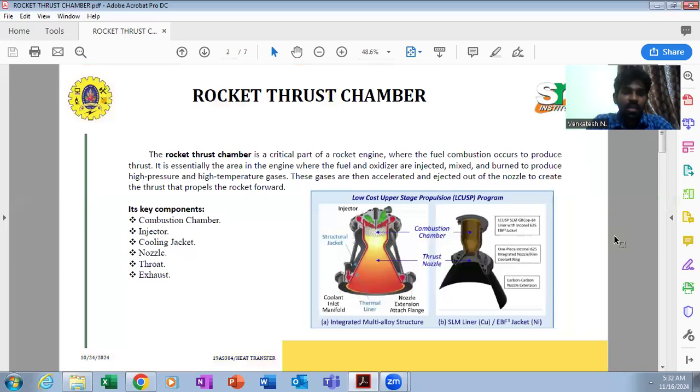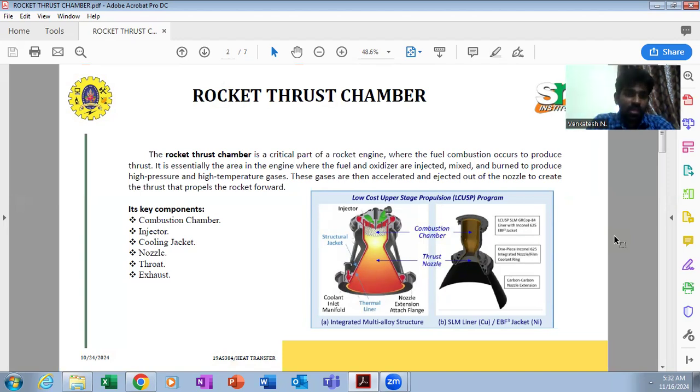It is essentially the area in the engine where the fuel and the oxidizer are injected, mixed, and burned to produce high pressure and high temperature gases. These gases are then accelerated and ejected out of the nozzle to create the thrust that propels the rocket forward.